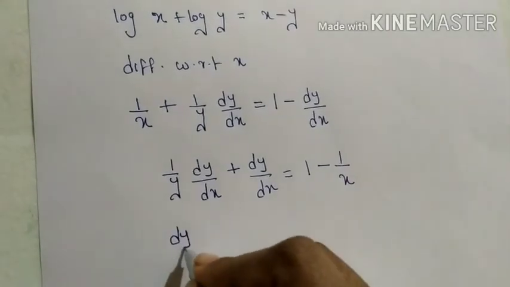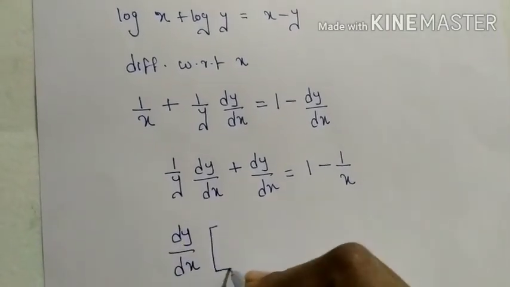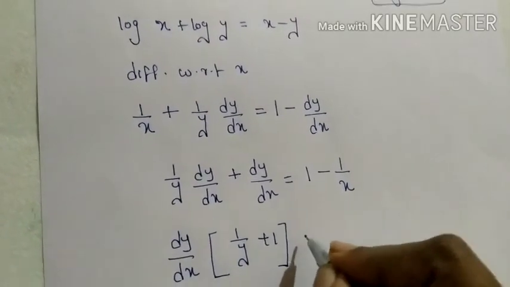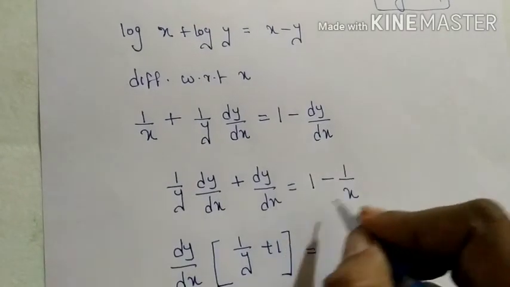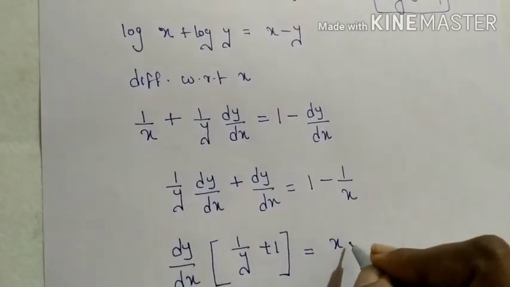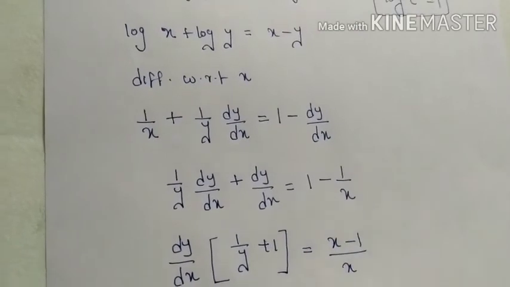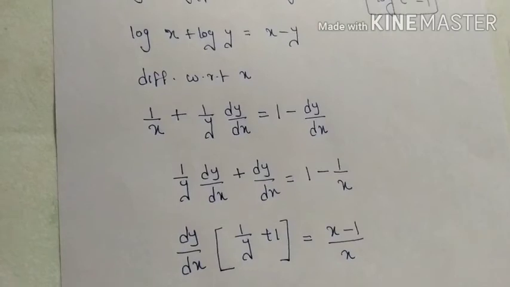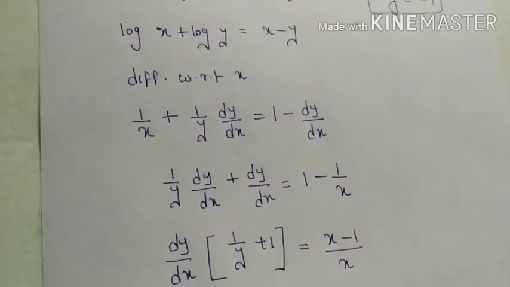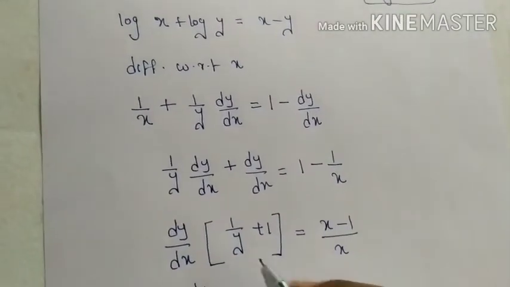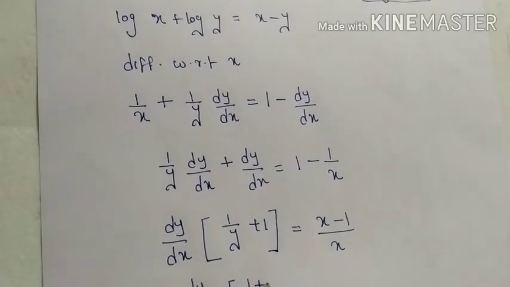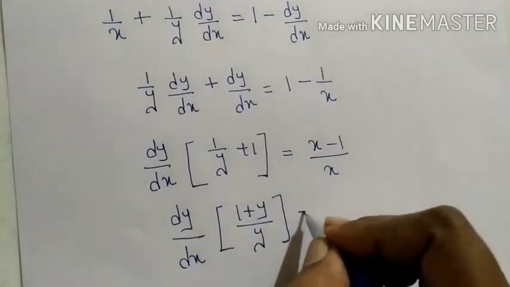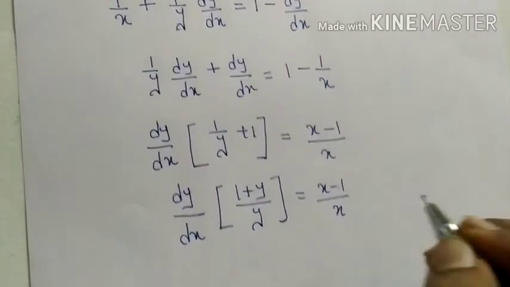Okay, taking this dy by dx outside, we get 1 by y plus 1 here, which will be equal to, after cross multiplying, x minus 1 divided by x. So our dy by dx into, cross multiplying LHS, this term we get 1 plus y divided by y, right, equal to x minus 1 by x.